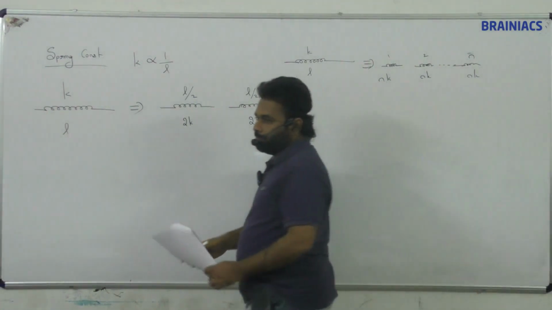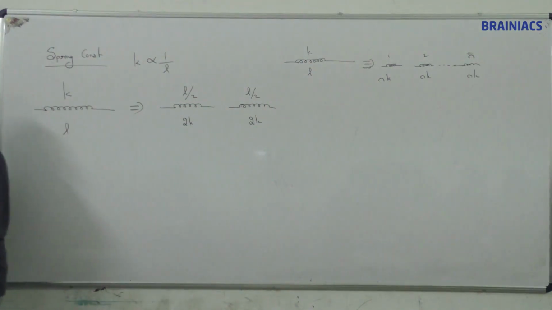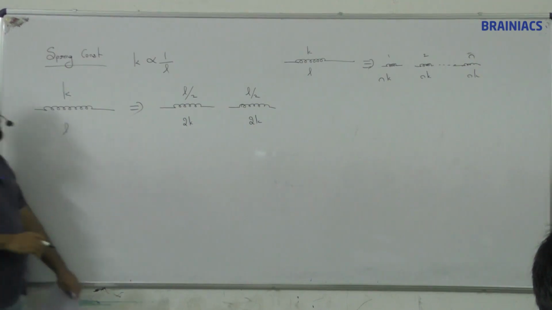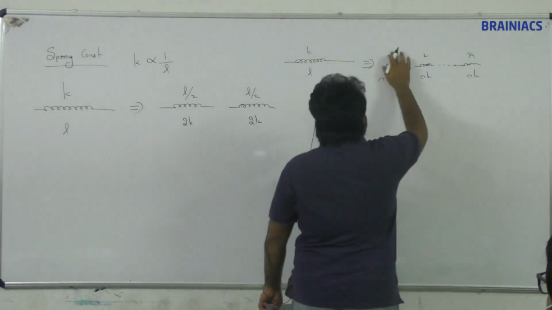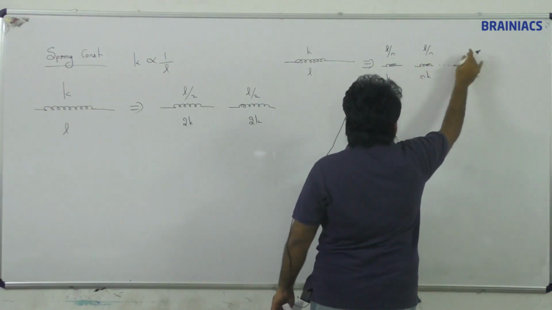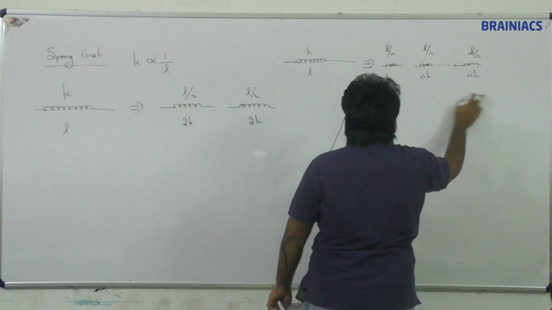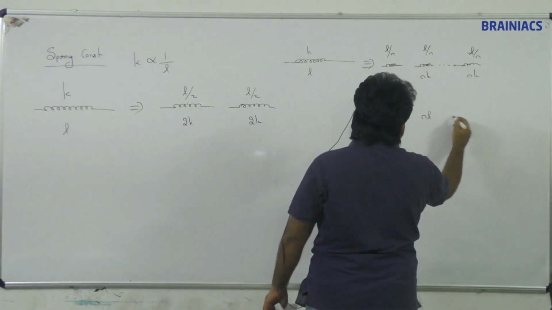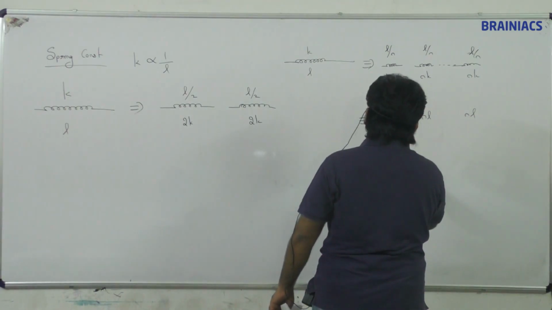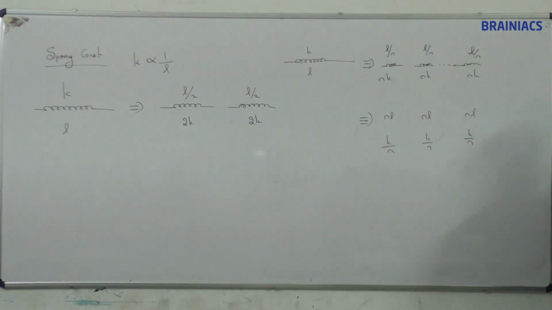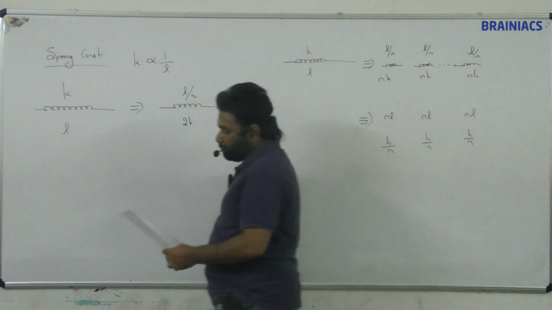So if this is L, and we divide it into L by N, L by N, L by N, then NK, NK, NK. Same way, this is going to be NL, NL, suppose constants will change. Clear or what?